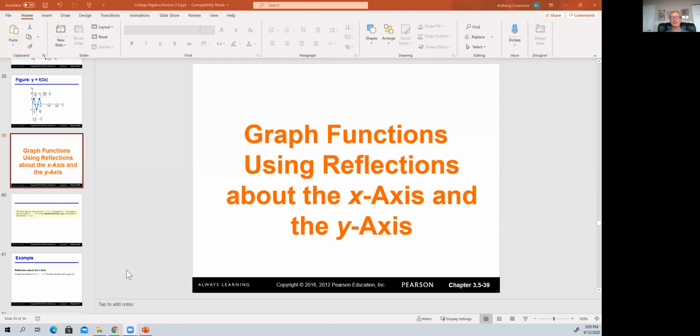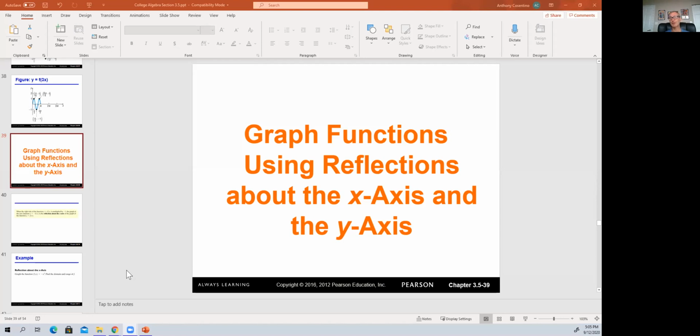So let's just jump right in and do the last one, which is talking about reflections around the x and y axis. This is the idea of a mirror type of image around one of the two axes.